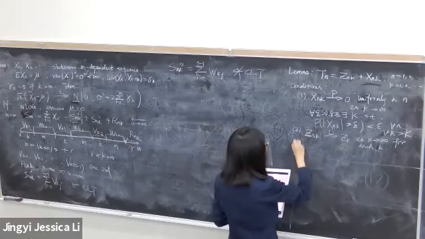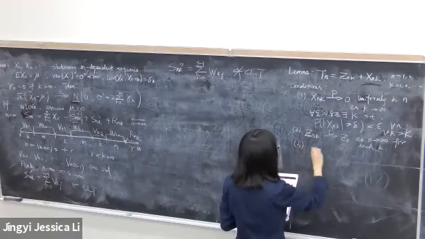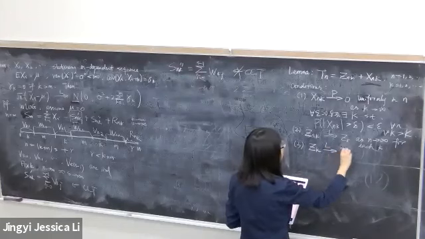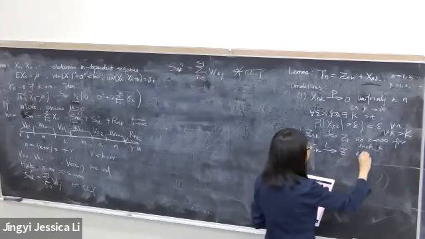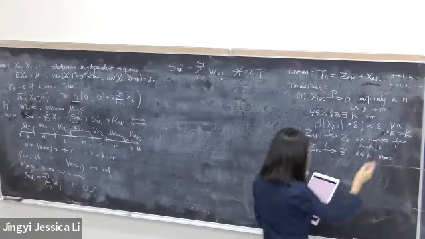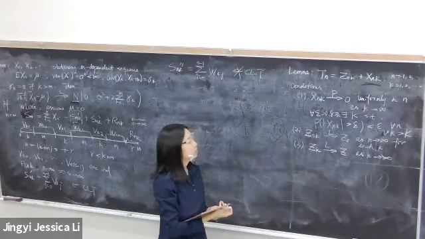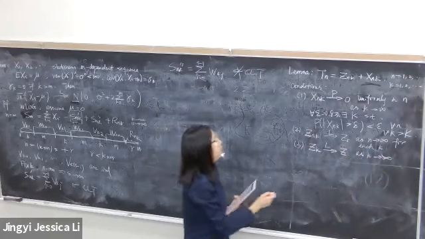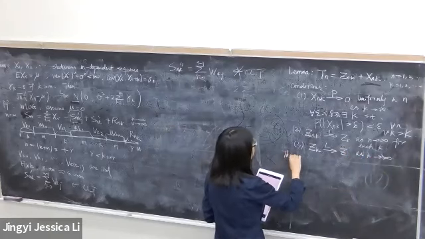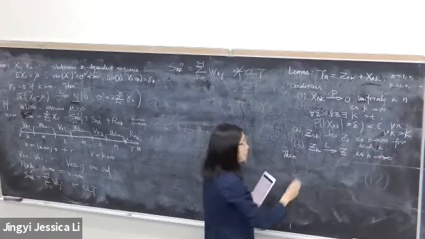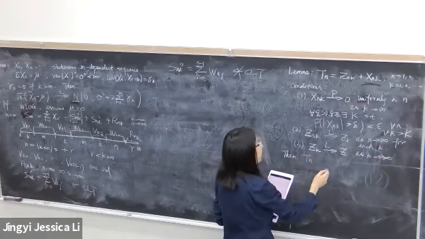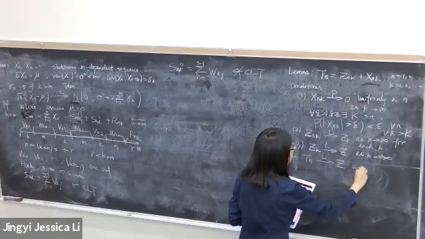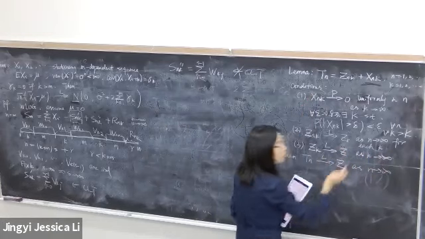And the third condition is that Z_k converges in law to some Z as k goes to infinity. Now we are changing k. So with those three conditions all together, we are able to have the result we want, that is T_{nk} converges in law to Z as n goes to infinity.